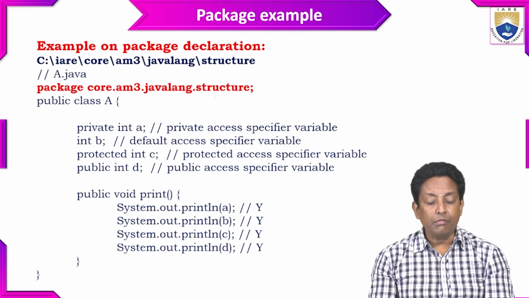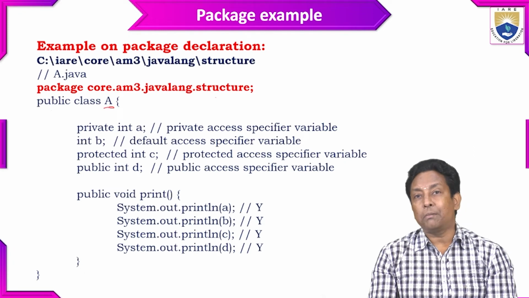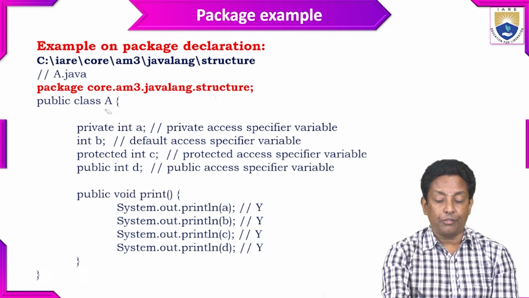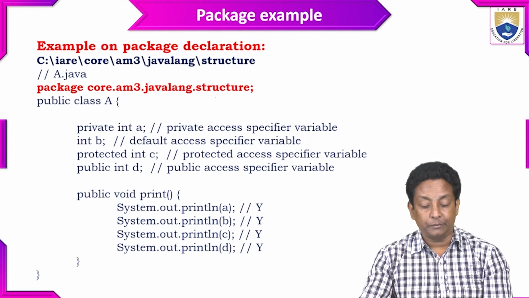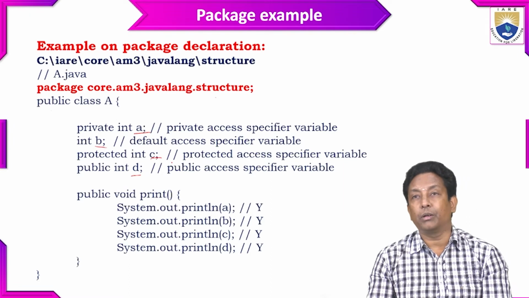That's fine. Next, coming to public class A, inside it I declare four variables, because in Java we have four types of access specifiers: private, default, protected, public. I declared a private int a variable, an int b variable, a protected int c variable, and a public int d variable.